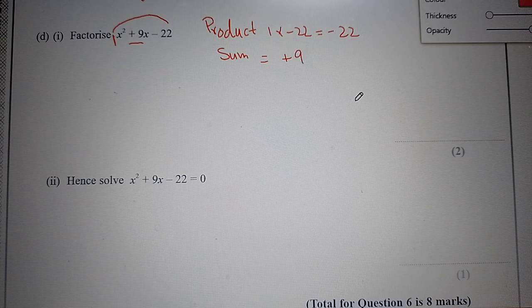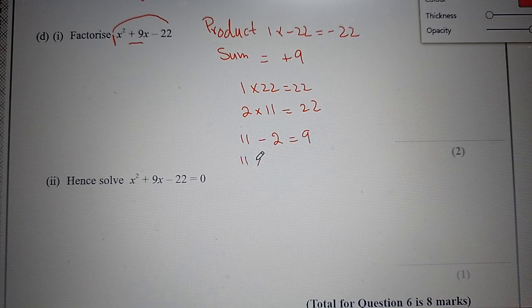Now we're going to factorize these two numbers. 1 times 22 is 22. Then 2 times 11 is 22. But we need minus 22, and if we add these two numbers, 11 take away 2 is equal to plus 9, and 11 times minus 2 gives us minus 22.